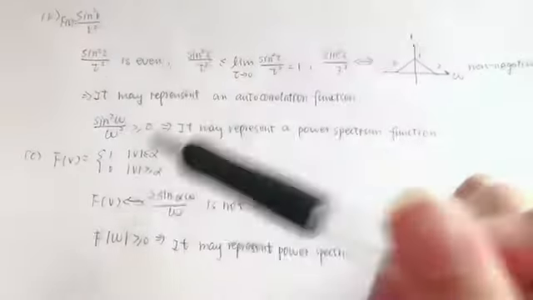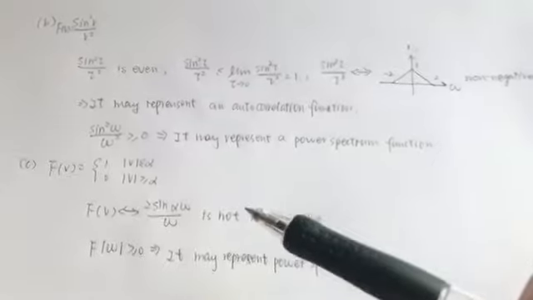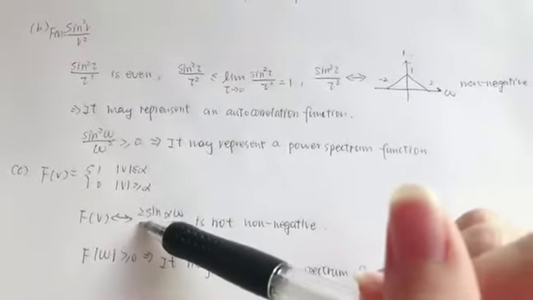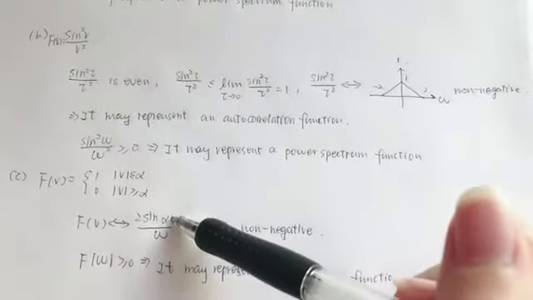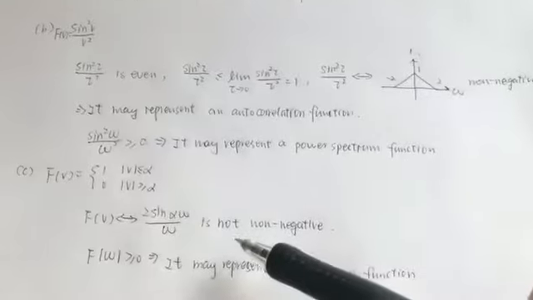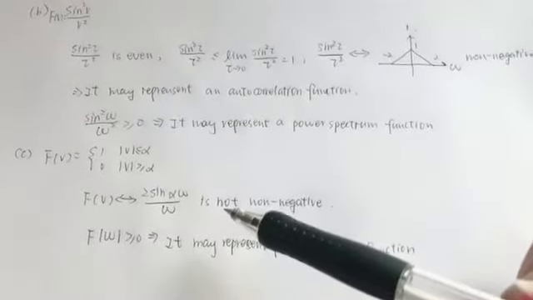When it comes to the third function, we can find out its Fourier transform is 2 multiplied by sine alpha omega divided by omega. This one is not a non-negative function.